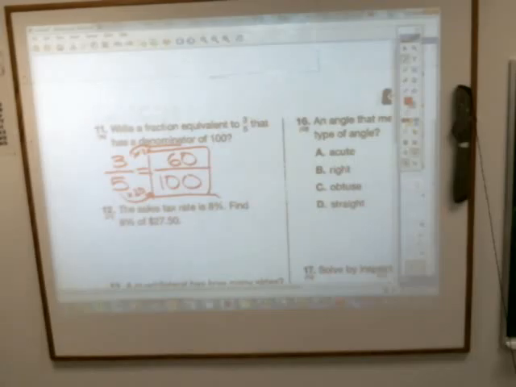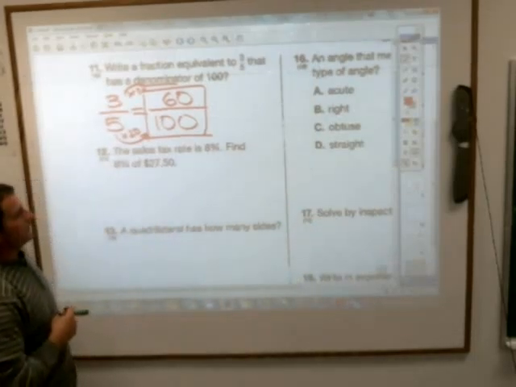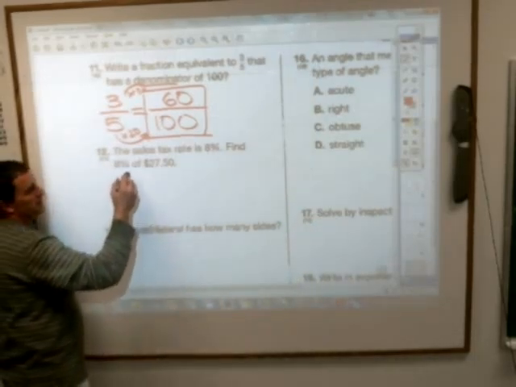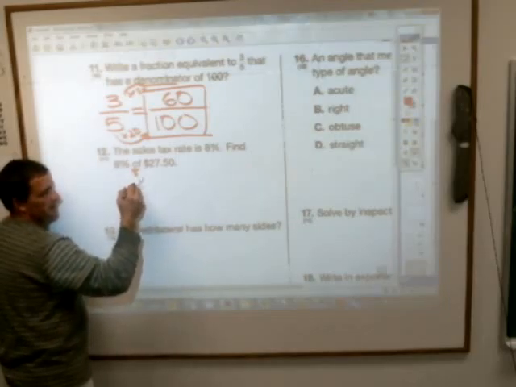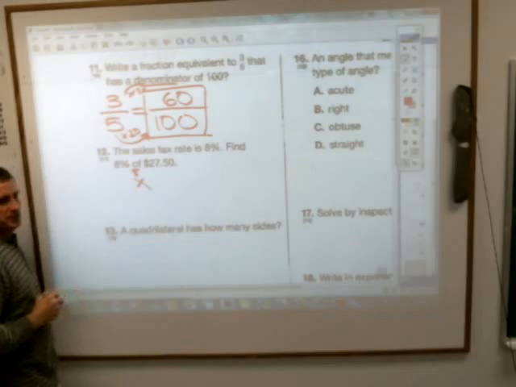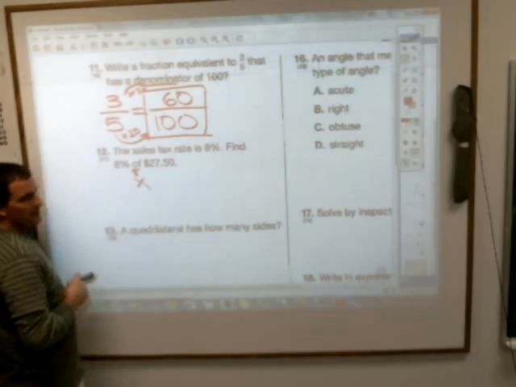Should I do number 12? Because somebody always asks me about number 12. Please make sure, first of all, kids, I say this probably every time, the word of means times, and all you're doing is multiplying 8 times $27.50.